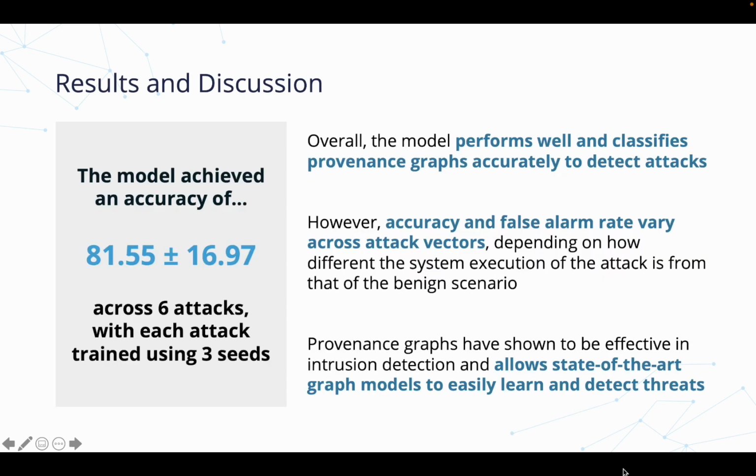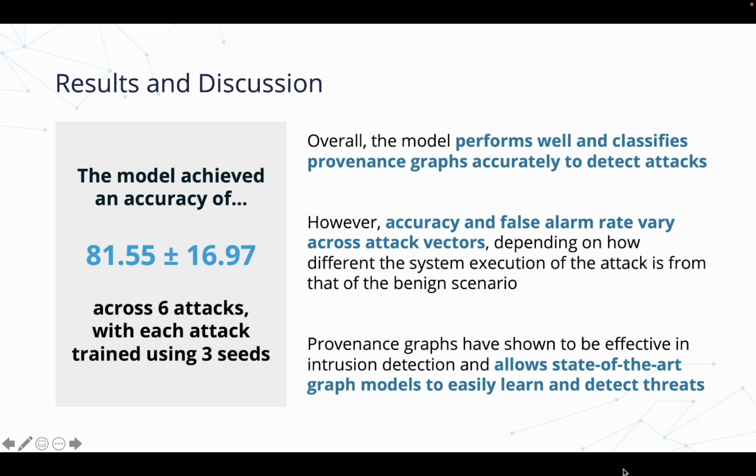Overall, the model achieved an accuracy of around 82% across 6 attacks, with each attack being trained using 3 seeds. The model performs well and classifies provenance graphs accurately to detect attacks. However, accuracy and false alarm rate vary across attack vectors, depending on how different the system execution of the attack is from that of the benign scenario.